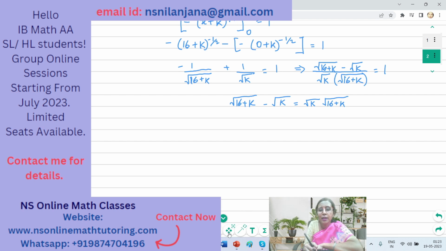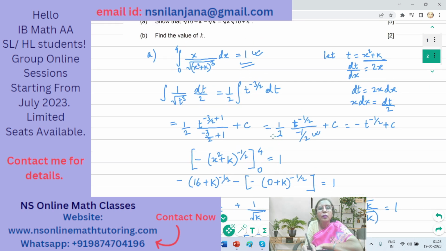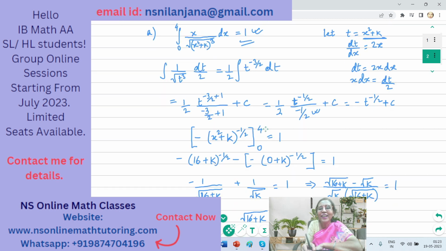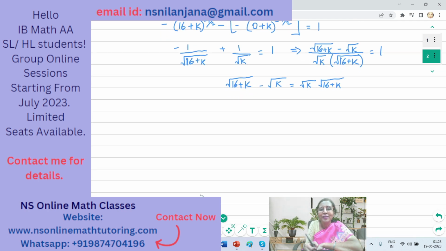Is this the expression that has been given to us? Yes. Root 16 plus k minus root k equal to root k times root 16 plus k. We have got this expression. Okay. So we have shown this.